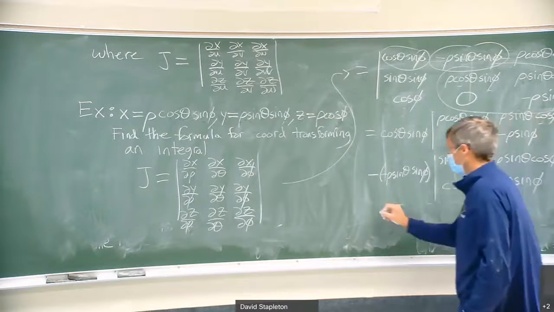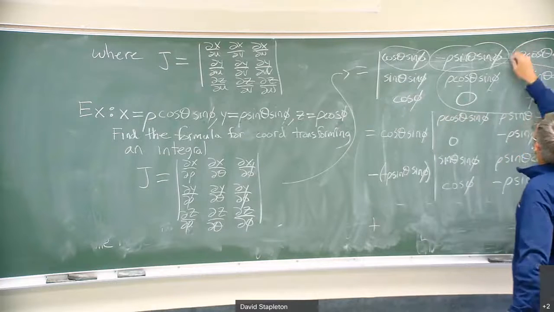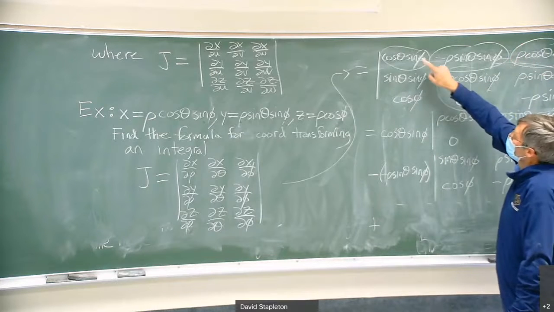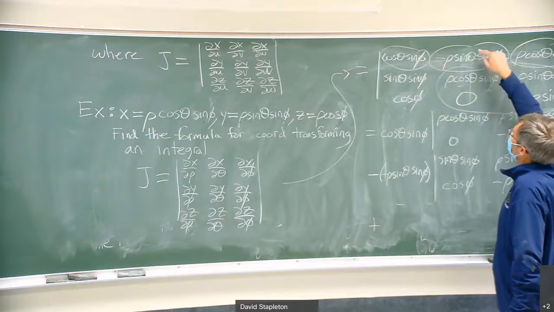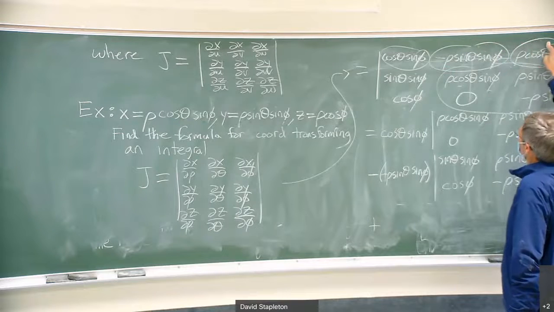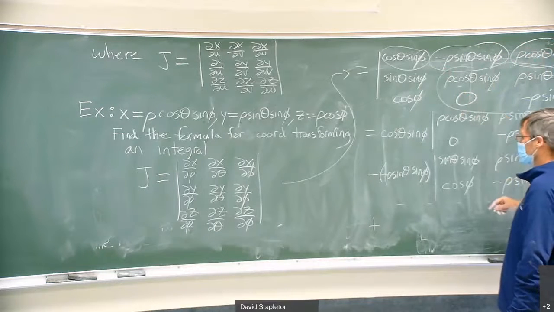And then we add to that this one times its subdeterminant. So you take plus this one times its subdeterminant, minus this one times its subdeterminant, plus this one times its subdeterminant. Hopefully it all sounds familiar.